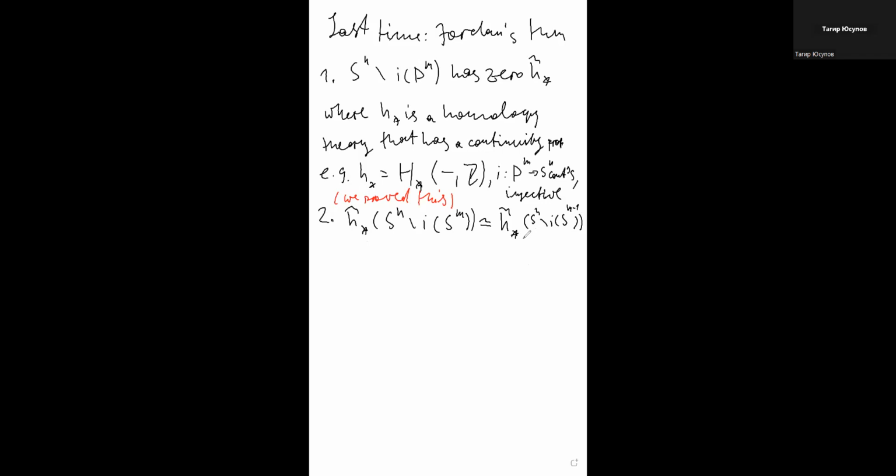But I need a shift. These homology groups are not isomorphic as they are. We need to shift one of them.